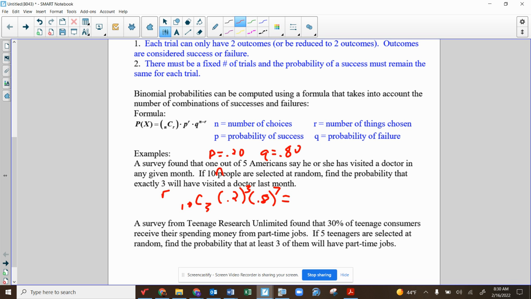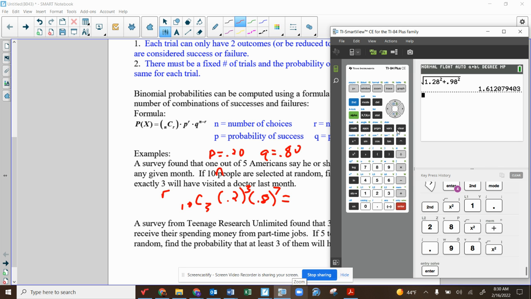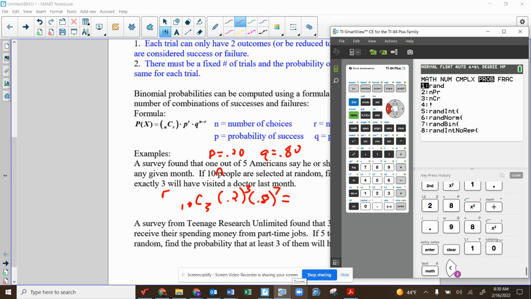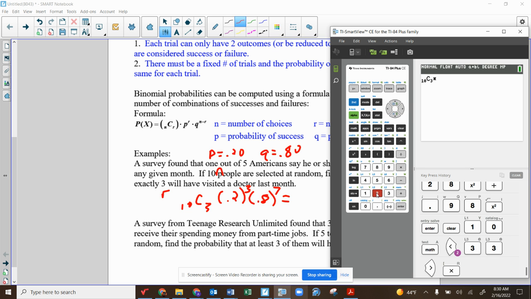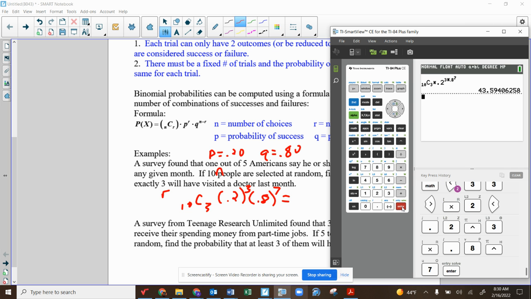I'll type it in real quick so you can see it. So 10, math, probability. Remember, we did combinations last chapter. 10C3 times 0.2 to the third times 0.8 to the 7th.